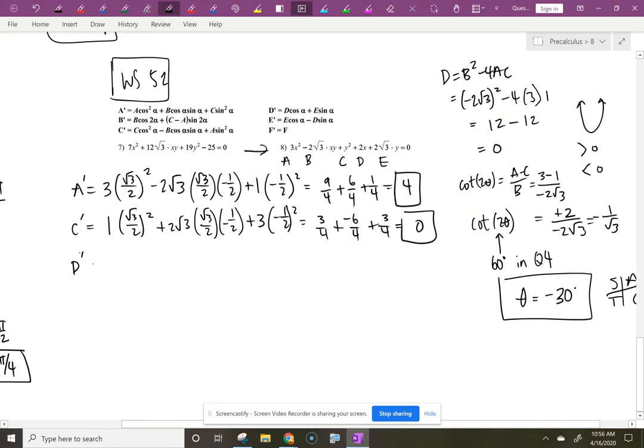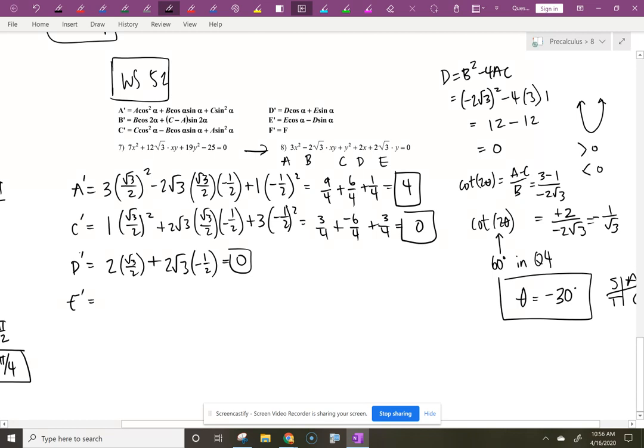What about D prime? D prime is D, 2, times the cosine of the angle, which we know is root 3 over 2 because we've done it a million times, plus E, which is 2 root 3, times the sine of the angle, which we know is negative a half. And so we get 2 root 3 over 2 minus 2 root 3. Oh my goodness, another 0. We love zeros. And then finally E prime.